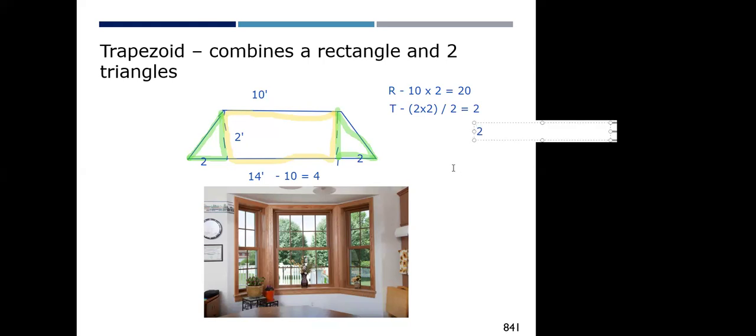So when I add up my rectangle and both of my triangles, we get a total square footage of this trapezoid of 24 square feet. We want to make sure we include that for this bay window because we can walk on it. We want to make sure we include that in our total heated square footage.